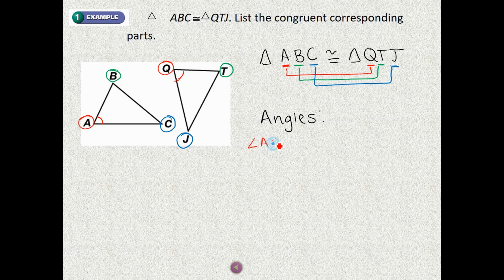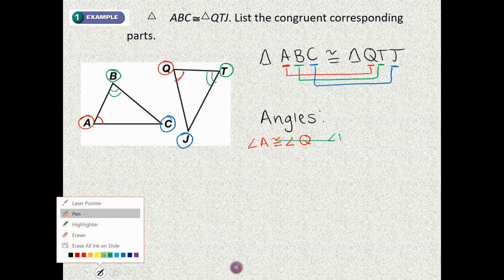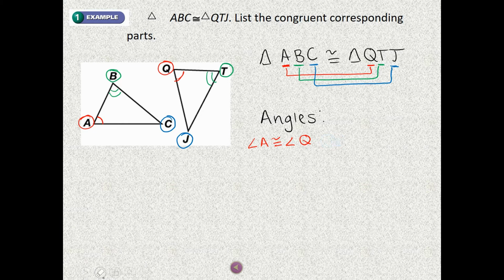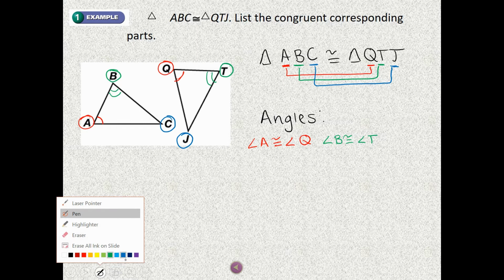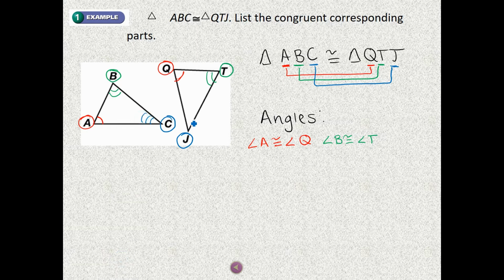So you could say angle A is congruent to angle Q. Additionally, we could also say that angle B is congruent to angle T. And finally, since C and J correspond, you could say that angle C is congruent to angle J.